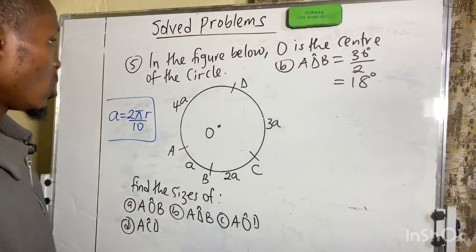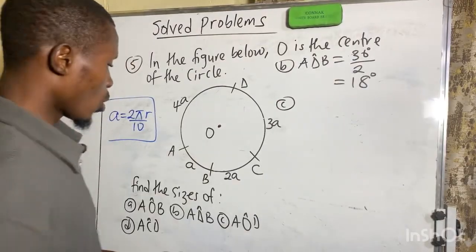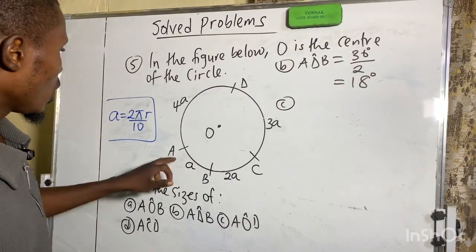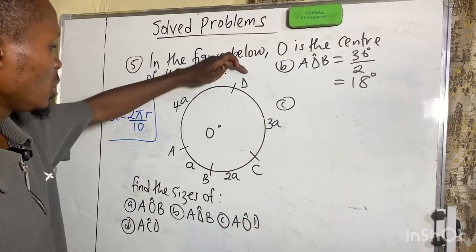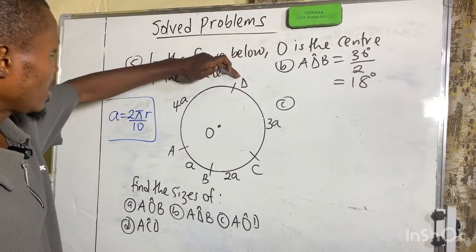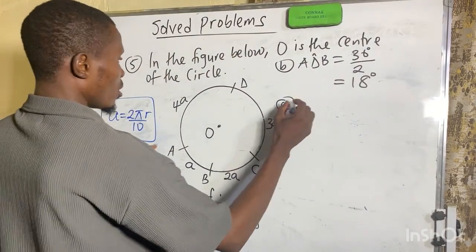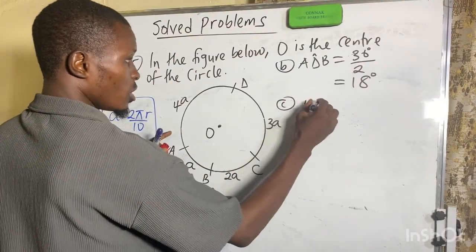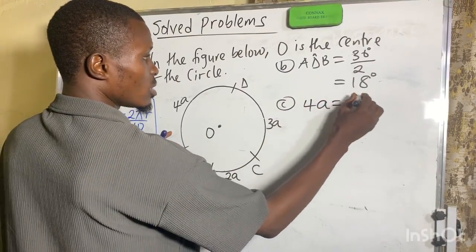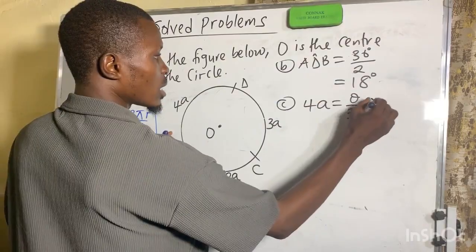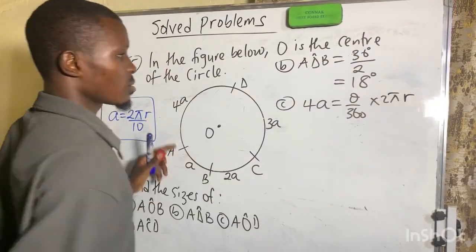Okay. Now for C, AOD. AOD is an angle subtended by this arc AD. All right. So we have AD, which is 4A, equals what? Theta over 360 times 2 pi r. All right.